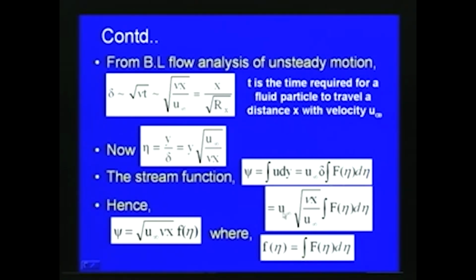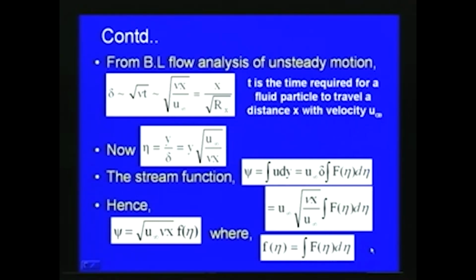If we substitute for delta, we can write u infinity into square root of nu x by u infinity into the integral of f prime eta d eta. So the stream function psi is equal to square root of u infinity nu x times f of eta, where f eta is the integral of f prime eta d eta.